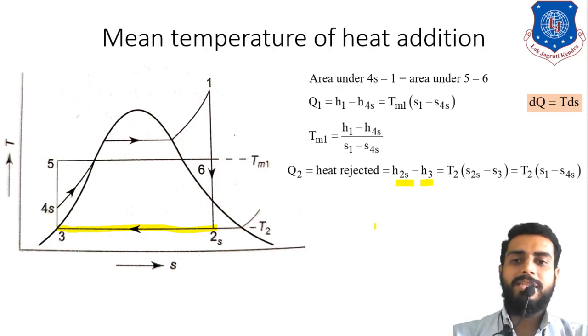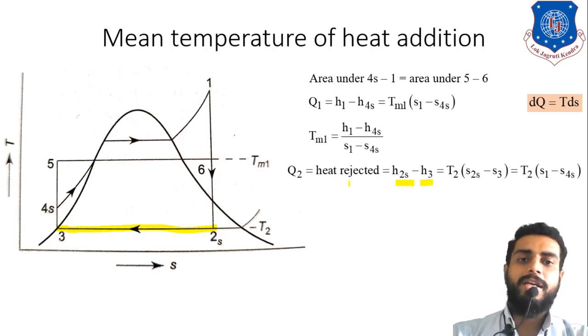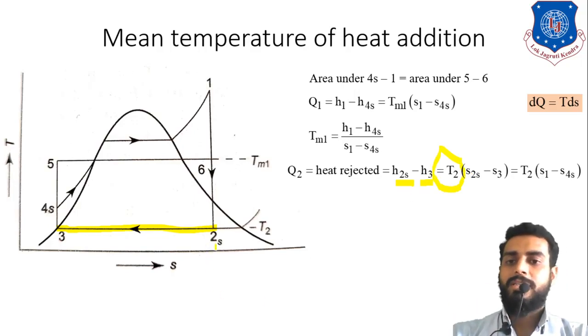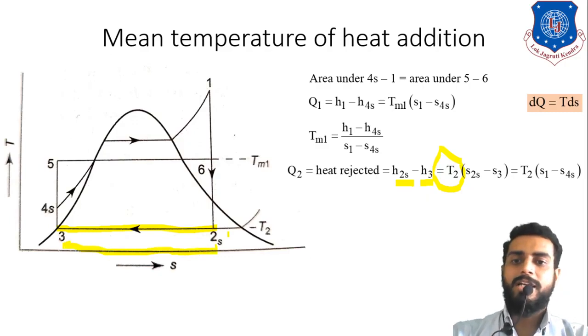Remember, students, whenever you are writing the heat transfer or enthalpy difference in terms of the TdS equation, the temperature which you are writing shall always remain constant during that process. Here you can observe that during process 2s to 3, the temperature T2 remains constant. That is why we can write T2 as common into S2s, the entropy of point 2s, minus the entropy of point 3, that is S3.